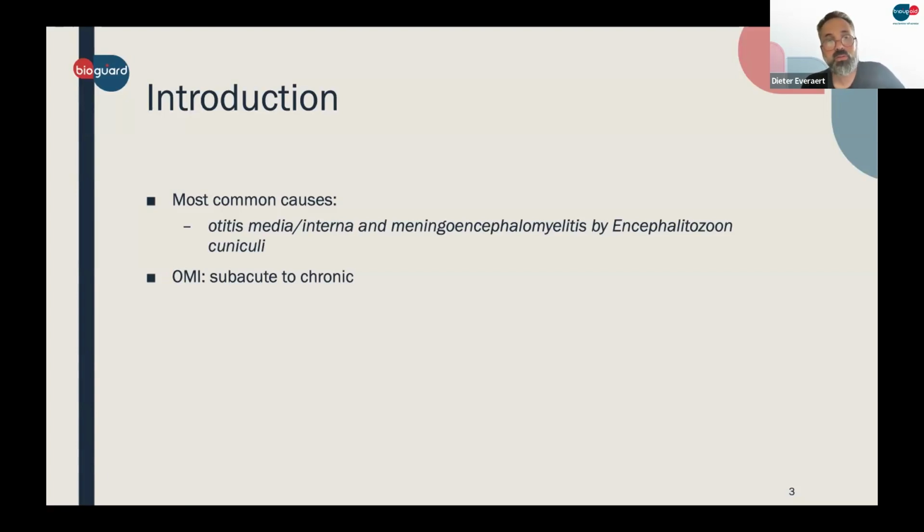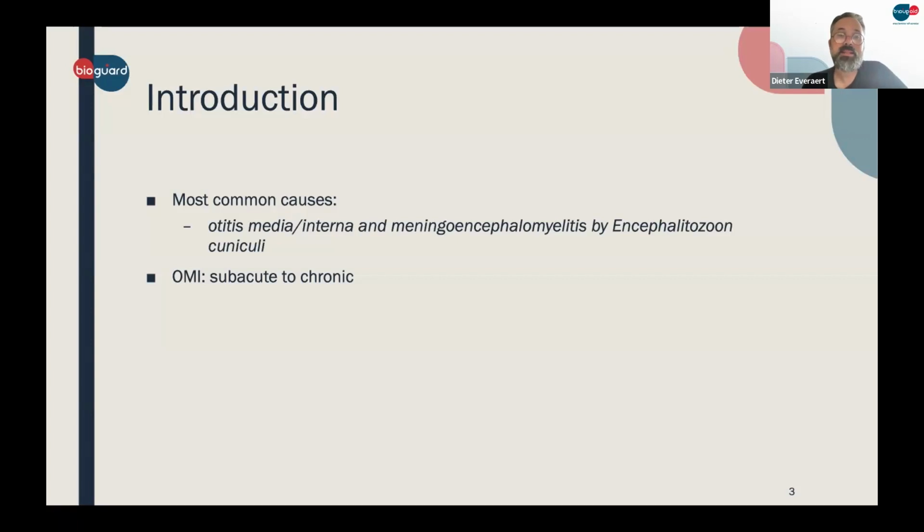Those two things are most often the causes. And what is really important is that they're quite often combined. So that's why it's important to diagnose and to rule out everything, so that you don't think it's only otitis and it's no Encephalitozoon, or the other way around. So it's really important to know that it can be both at the same time.